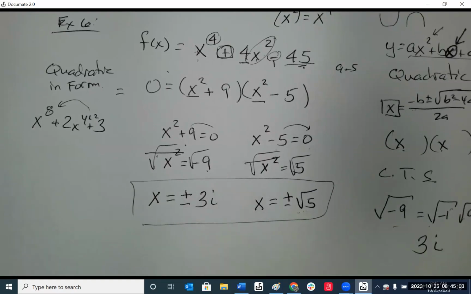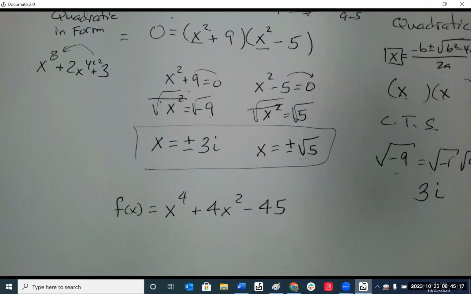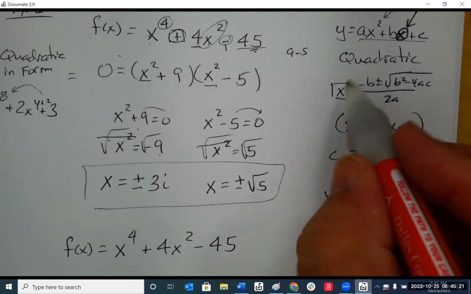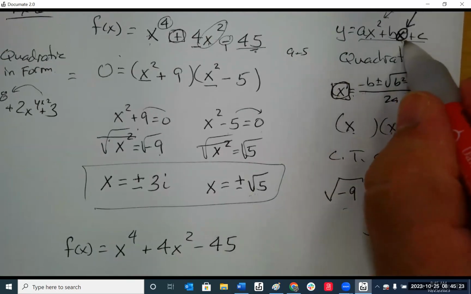So that's factoring. For this equation, could we have used the quadratic formula? If you're going to use the quadratic formula, remember, it's this equation here. This is always the middle number.